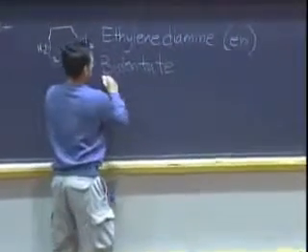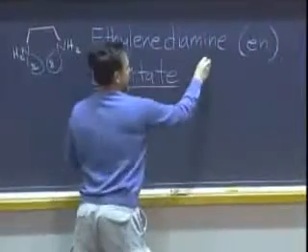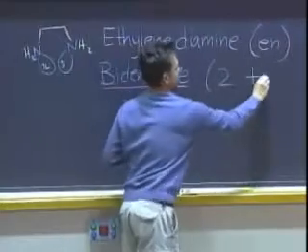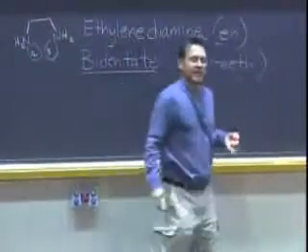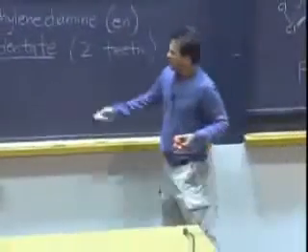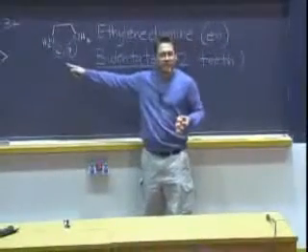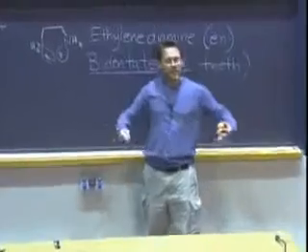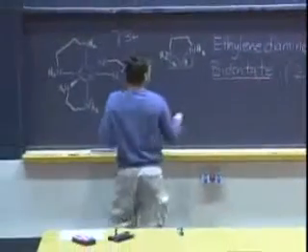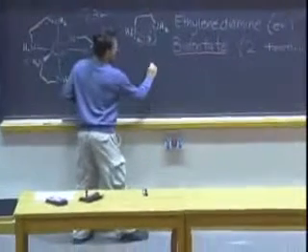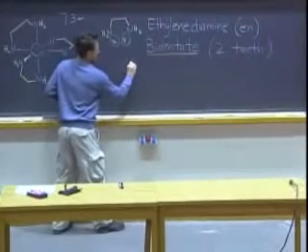And that means that it has 2 teeth with which to bite down on the metal center. It is a double Lewis base, right? And when it binds to the metal center, we call that the process of chelation.